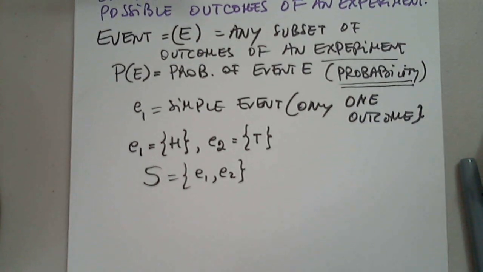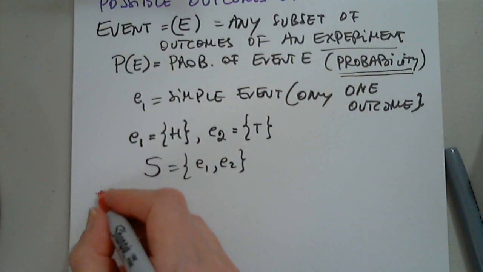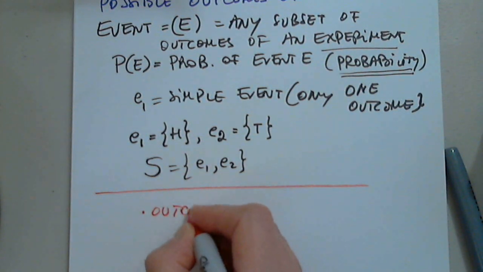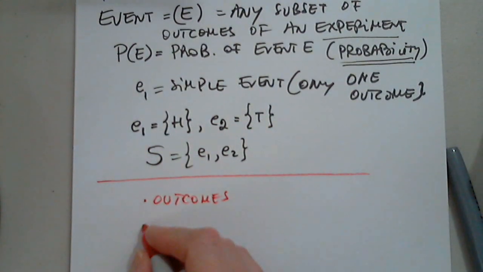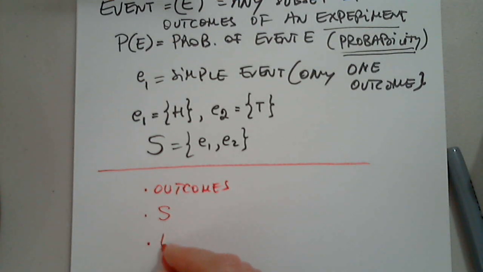So let me look at another experiment. For this next experiment, we want to identify all the possible outcomes, the sample space, and any event we want.